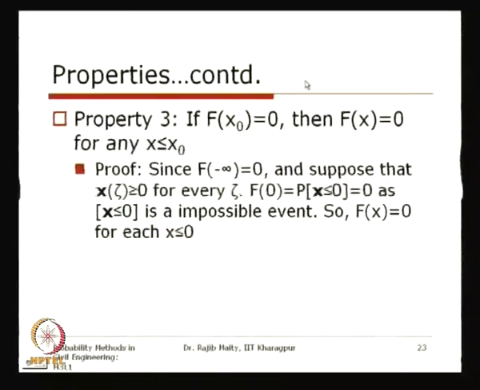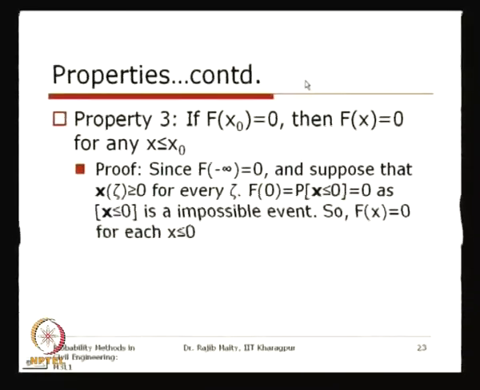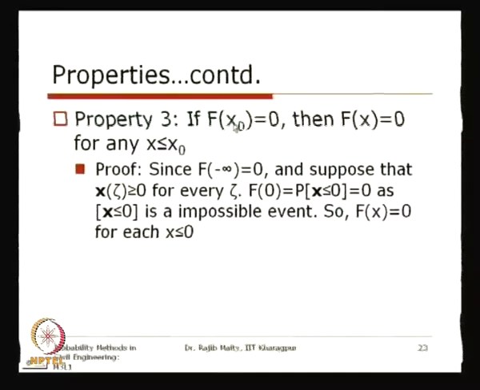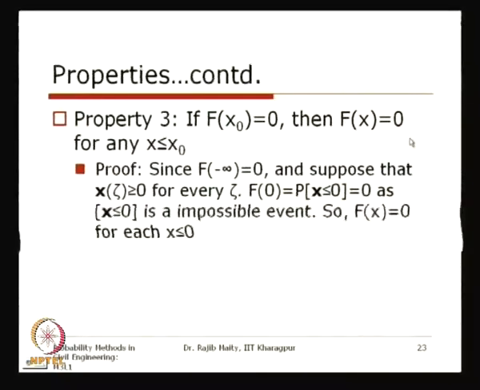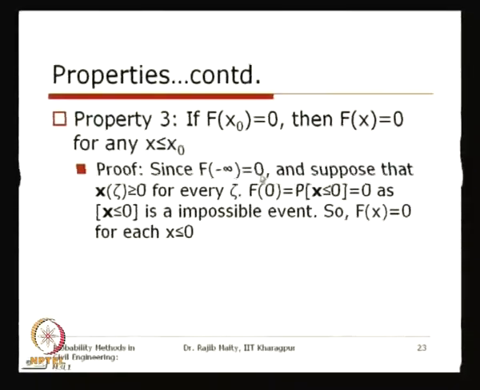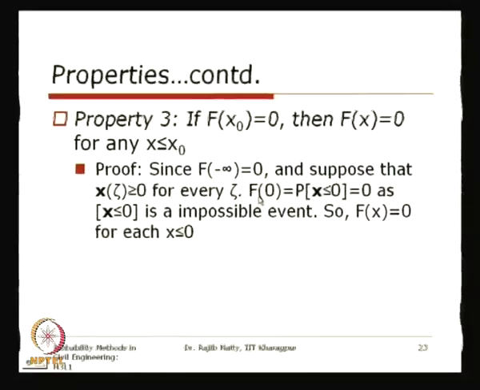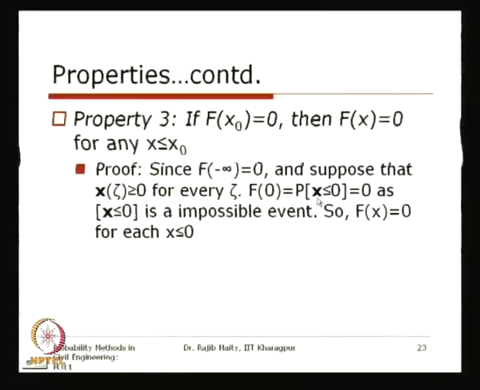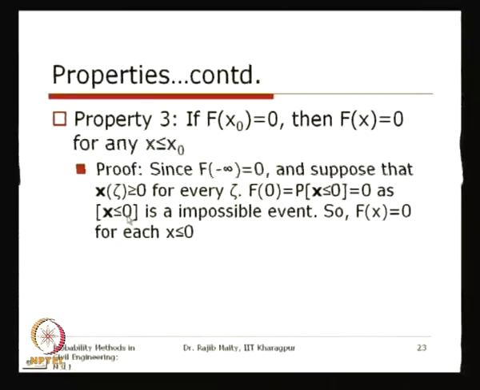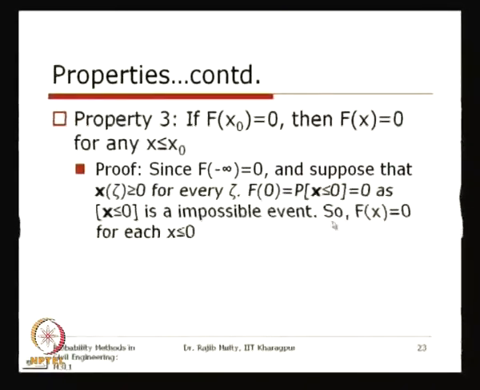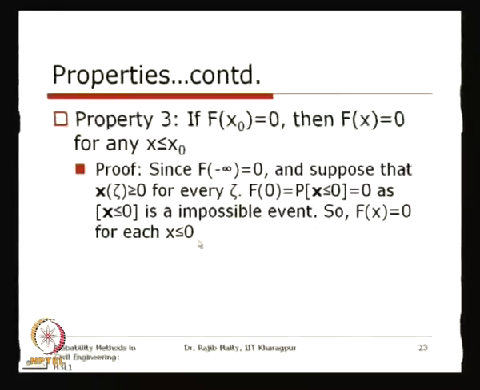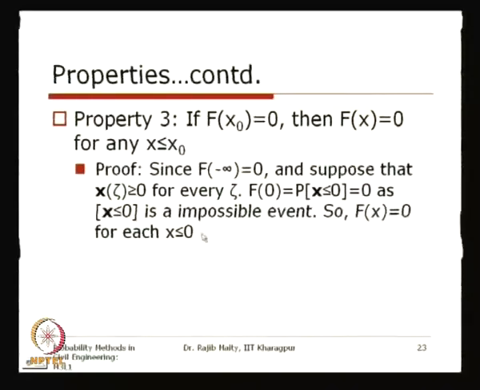In the real axis context, anything to the left of that value x naught will also be 0. Proof: since F of minus infinity equals 0, suppose that X of xi is greater than or equal to 0 for every xi. Then F of 0 is the probability of X less than or equal to 0, which is equal to 0, as X less than or equal to 0 is an impossible event. So, F of x is 0 for each x less than x naught.